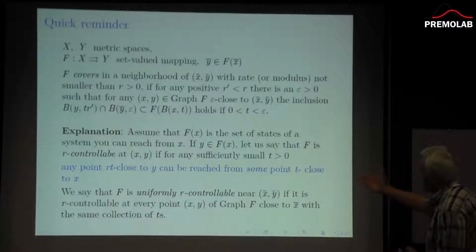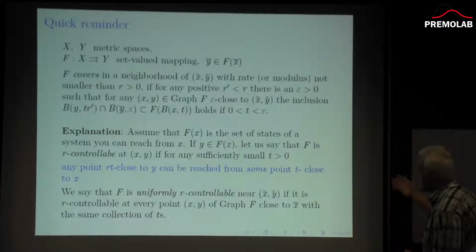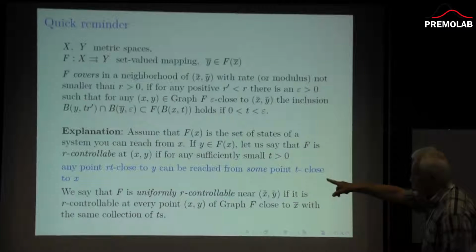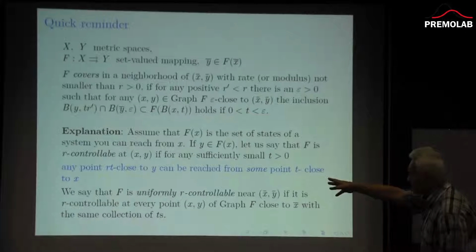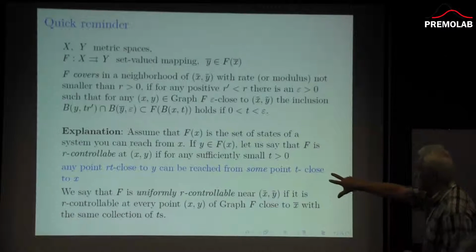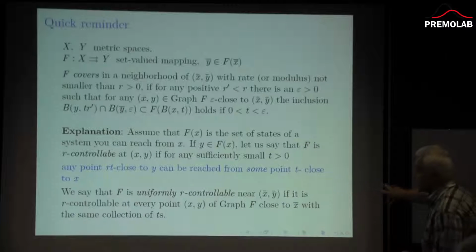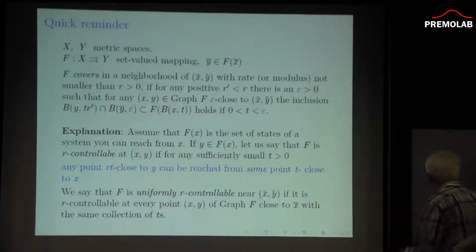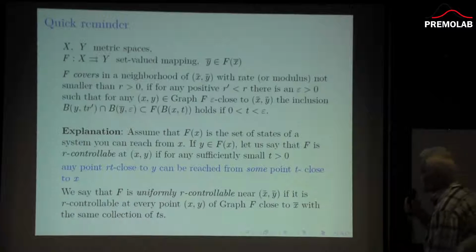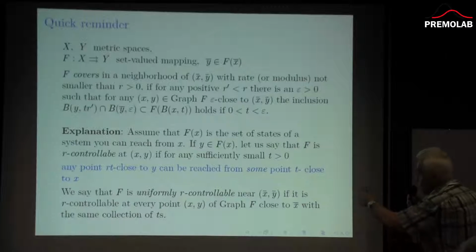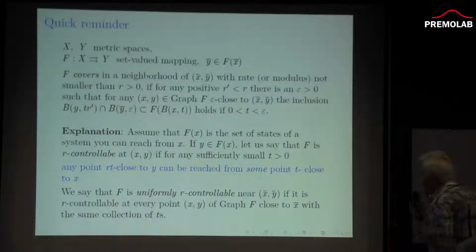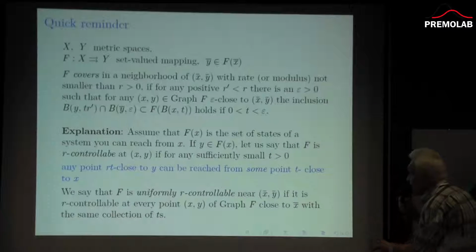If y belongs to F(x), if y can be reached from x, then let us say that F is R-controllable, where R is a certain positive number, at this point (x, y), if for any sufficiently small t this property is satisfied. We can reach any point of the Rt-neighborhood of y from some point of the t-neighborhood of x.